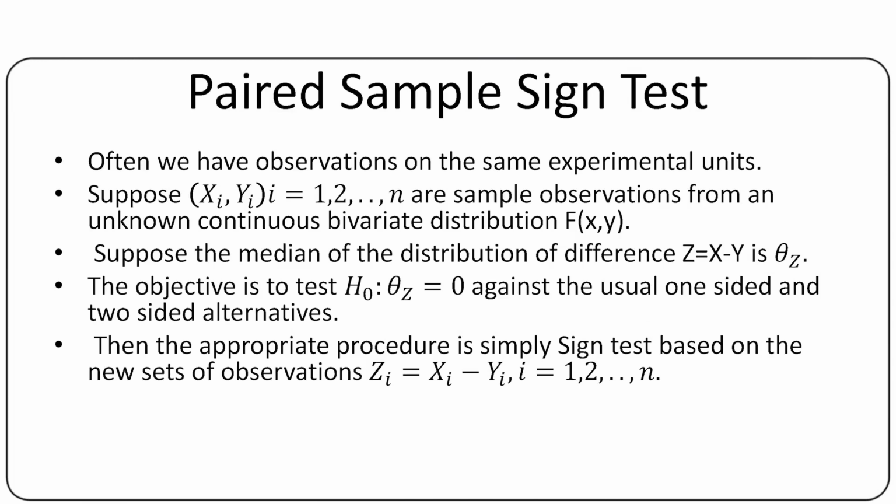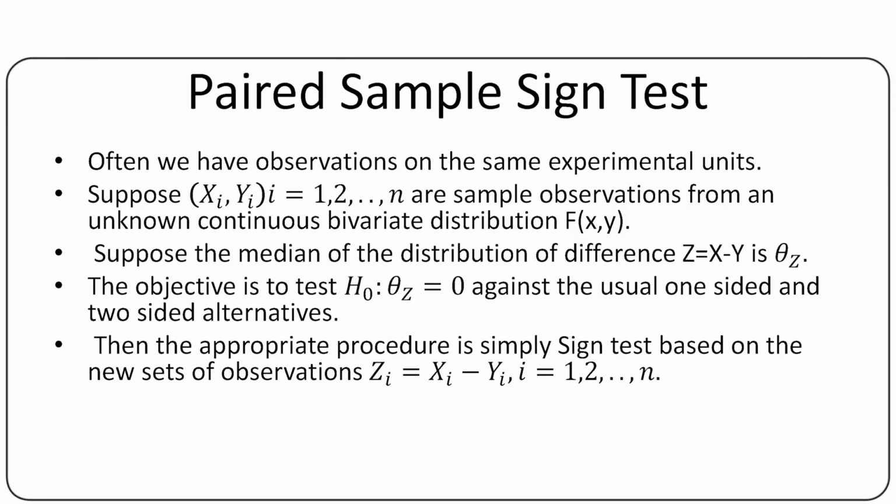Next, we consider the sign test for paired data. Often, we have observations on the same experimental units. For example, suppose the data is available from a patient before and after a drug is administered. In such a case, we want to know whether there is any effect of the drug on the patient. The main problem is that the observations within pairs are correlated.